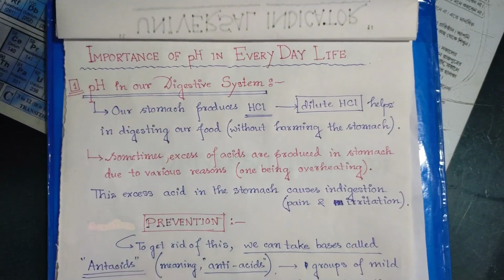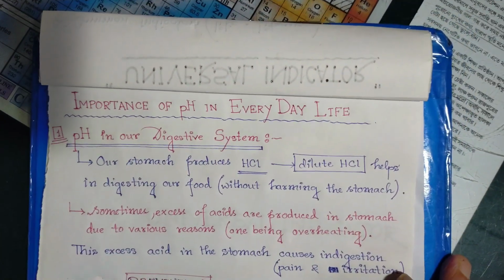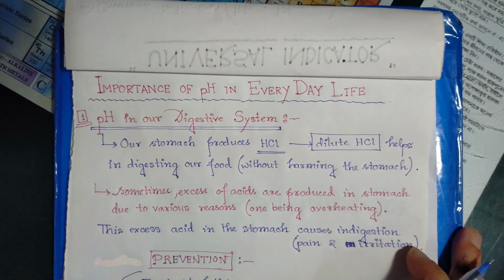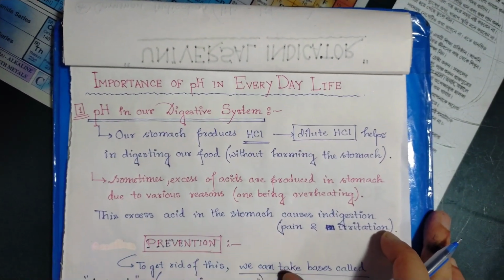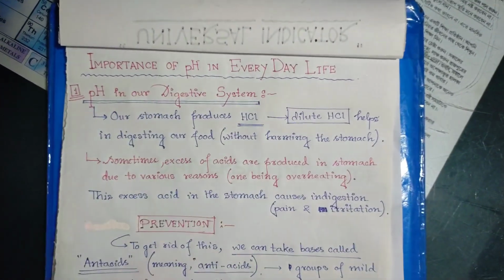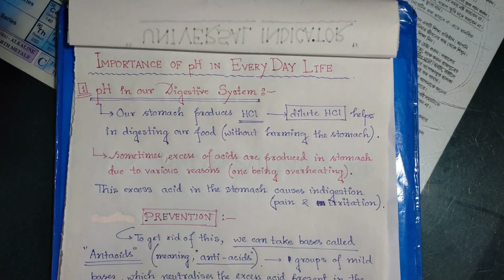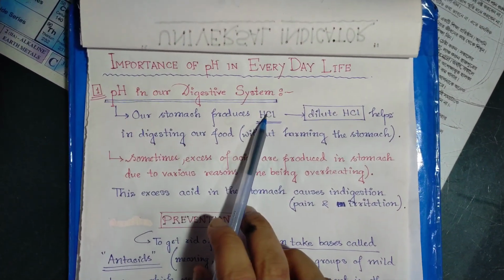So students, here I am with a new point, that is the importance of pH in everyday life. There are many importances of pH in everyday life. Among all those, the two most important points are: first, pH in our digestive system.